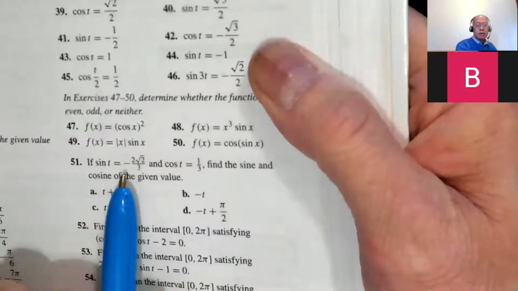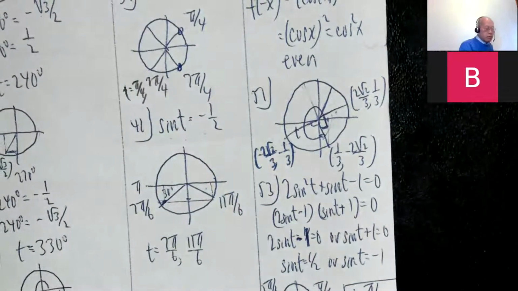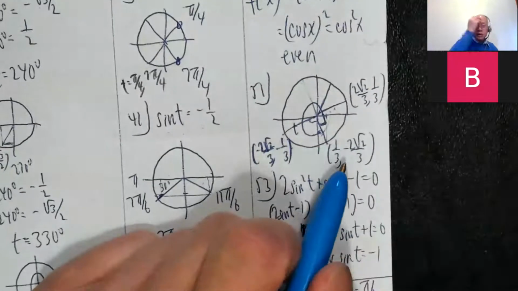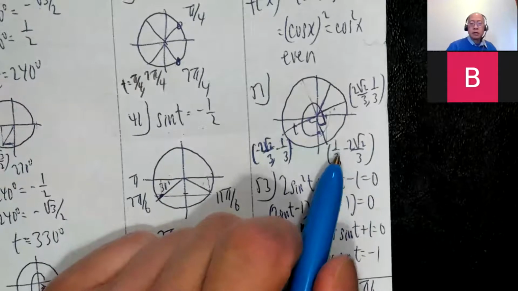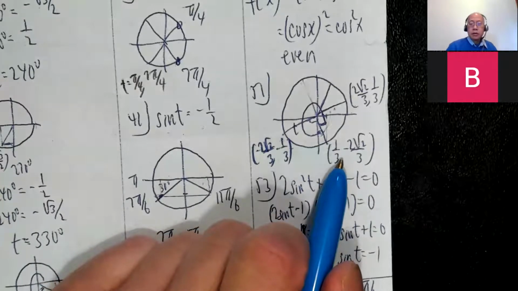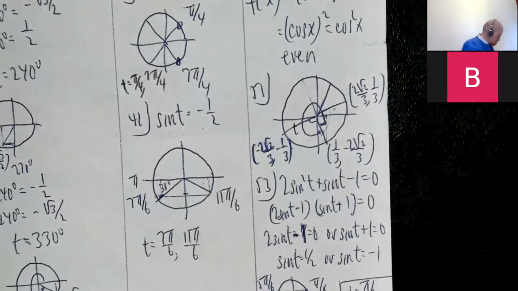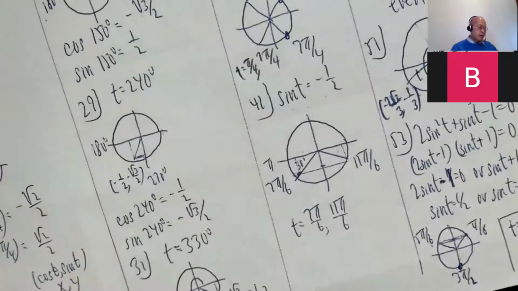Sine is negative, blah, blah, blah. Cosine is positive 1/3. So here's the ordered pair: 1/3, negative 2 radical 2 over 3. Based on that, figure out the rest.